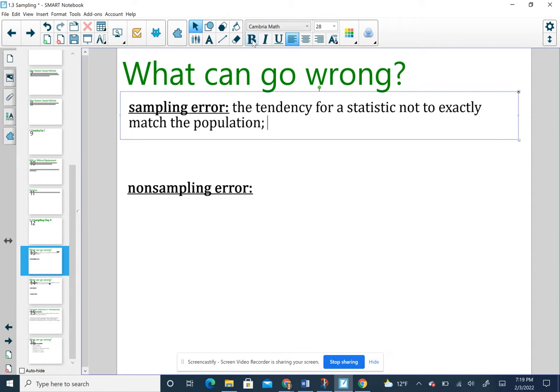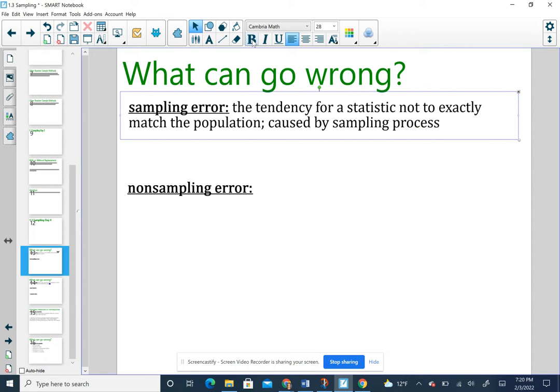obviously when we are sampling a population, this is because we sometimes cannot realistically survey every single person in the population. So we've been talking about different techniques for choosing our samples, trying to eliminate bias by using random samples, all that good stuff. But regardless of the sampling method we use, there's going to be sampling error.